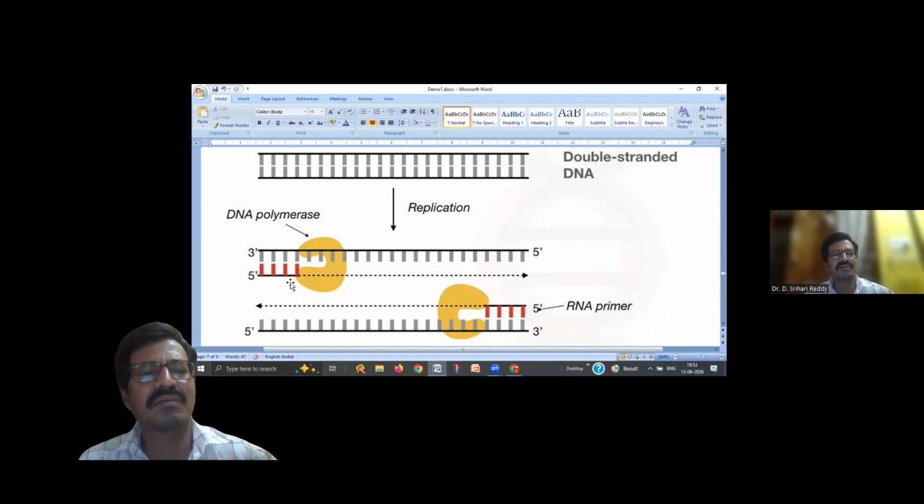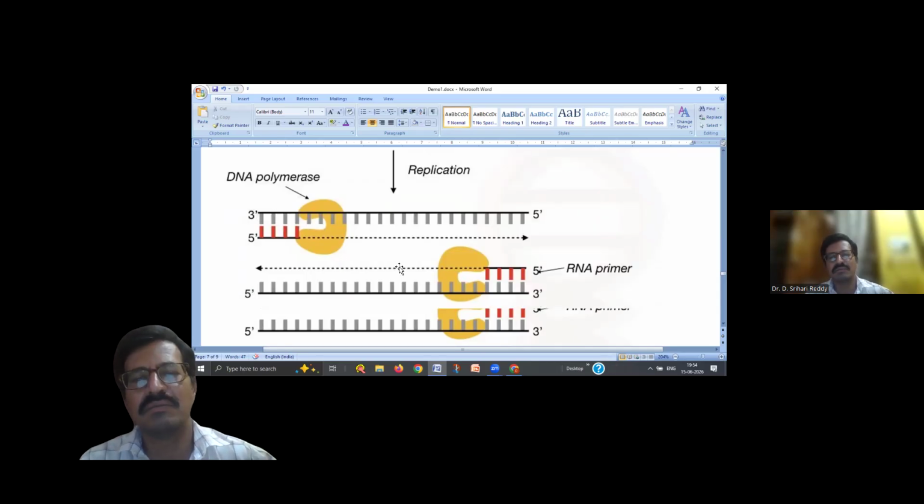So this primer binds at the 3' end of the template, and this primer is required for the replication of the DNA with the help of DNA polymerase. Both the strands are separated and they act as templates. And the DNA synthesis occurs in the 5' to 3' direction. So it requires a primer.